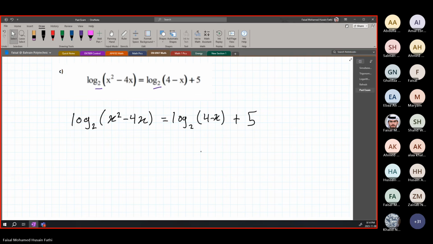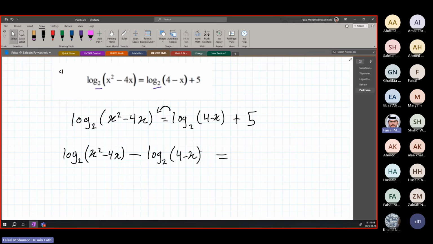So we will take this log to the other side and leave the 5 alone. So log base 2 of x squared minus 4x, minus, taking this to the other side, log base 2 of 4 minus x, is equal to 5.